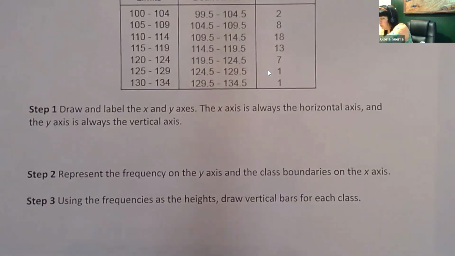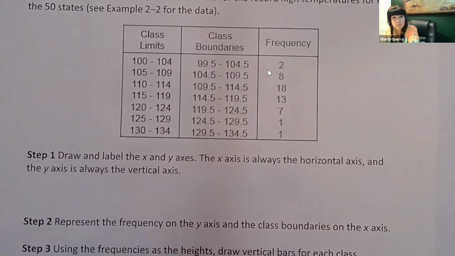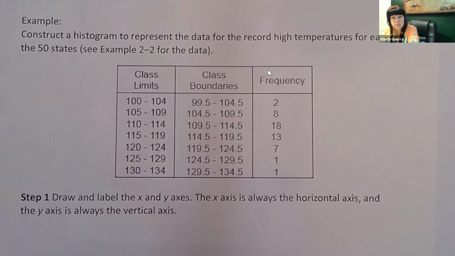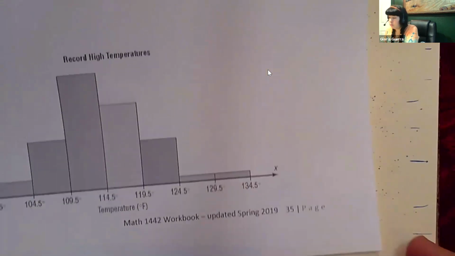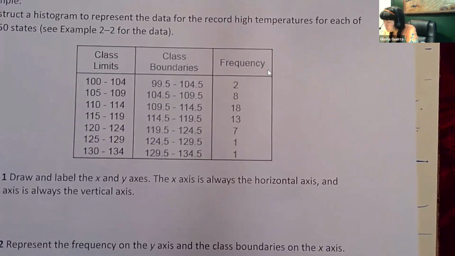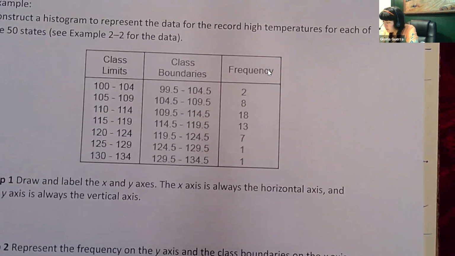Okay. So here's an example that they have here on page 35 of your workbook. See that down here, 35 of your workbook. So it says to construct a histogram to represent the data for the record high temperatures for each of the 50 states.